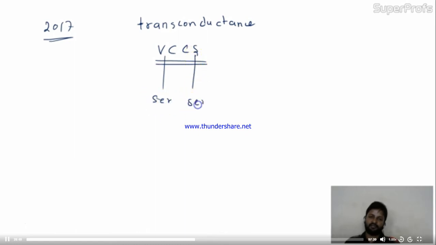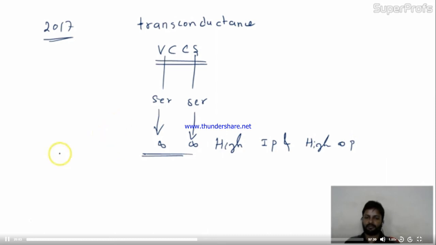Current source means series. In terms of resistance, infinity. Over here, infinity. And options are given. High input resistance and low output resistance. Low input resistance, high output. High input, high output. So here, this is the case of high input and high output. Okay, friends.